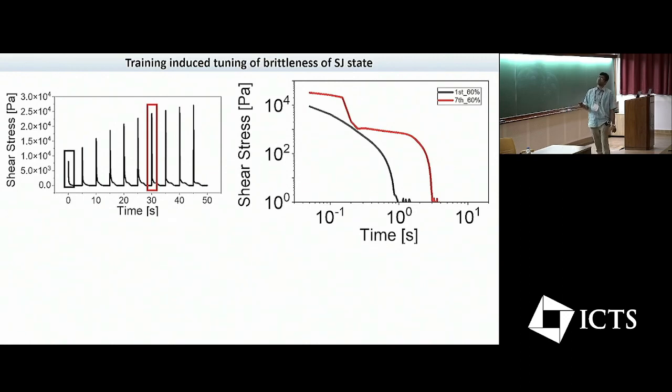Another thing we notice, if you look carefully at the nature of the response by comparing them on a log scale starting from the same point, is that you get a smooth relaxation at the beginning, but after application of several steps, it develops this 2-step relaxation.